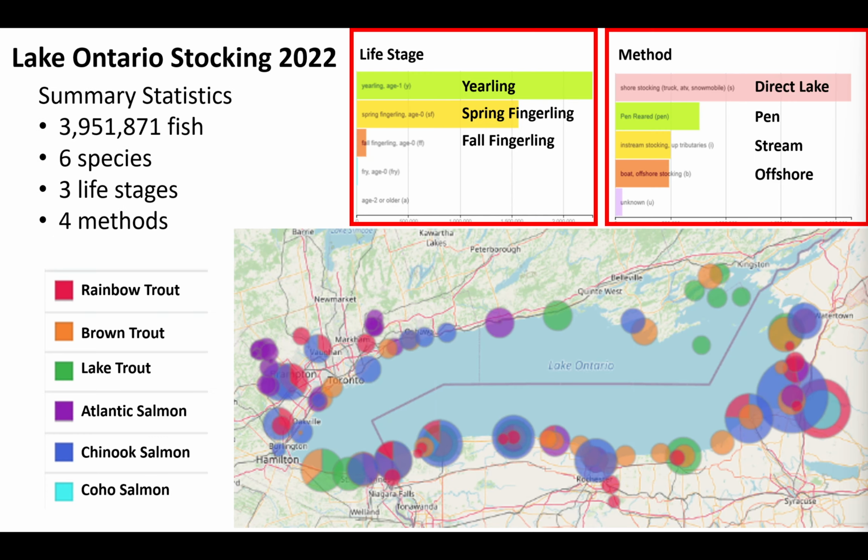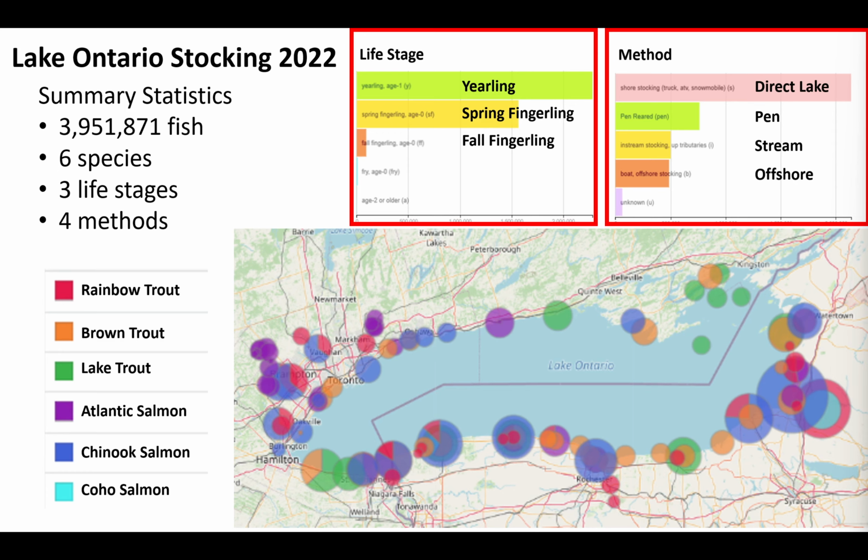So just for context, in 2022, we stocked 3.9 million fish into Lake Ontario, and I'm only talking about the top predators right now, the predator fish. We're not talking about bloater, and I'm not including walleye because there's not enough walleye to be material. So really talking about the trout and salmon predators that are out there eating alewife and other species. So 6 species, 3 life stages, 4 different methods.